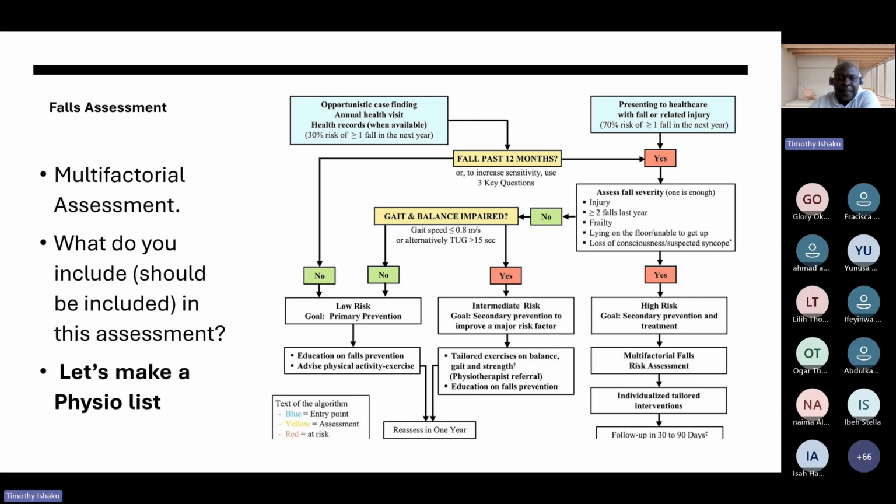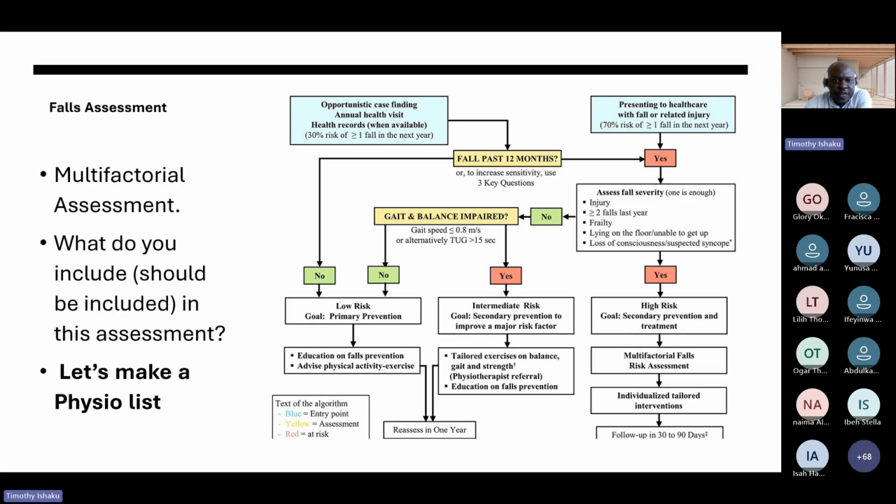But apart from our patient, which I think is typically what you come across based on experience, it is possible for there to be what we call an opportunistic finding. Maybe it's less likely in Nigeria, but here sometimes there is that annual health risk visit. Maybe they sort of accidentally review your case notes.